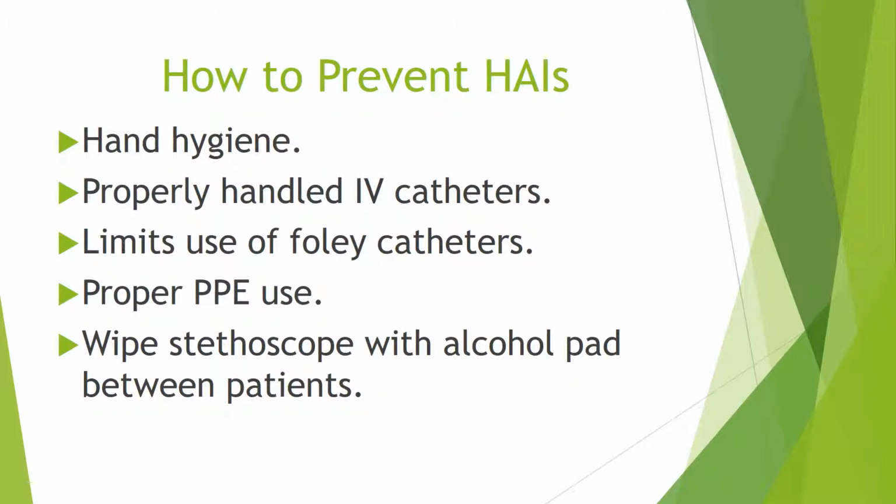How to prevent hospital-acquired infection? The number one prevention method is hand hygiene. Washing hands between patients, before you go in the patient room, and when you're coming out of a patient room, it's always crucial to wash your hands, especially with C. diff patients.